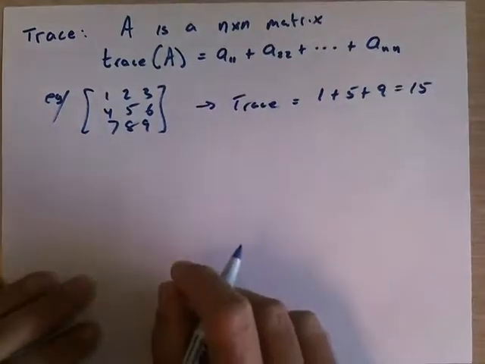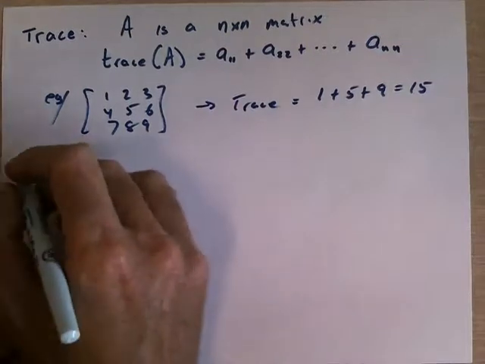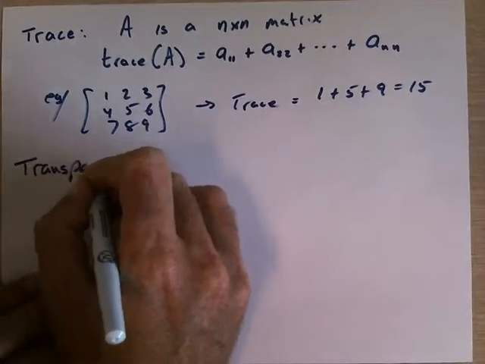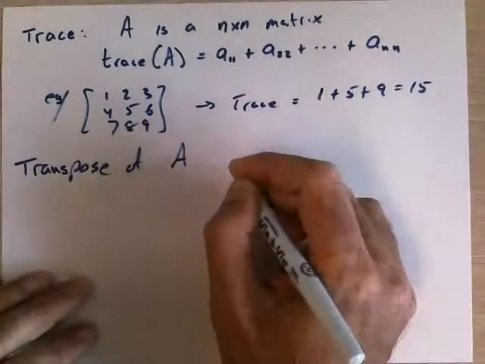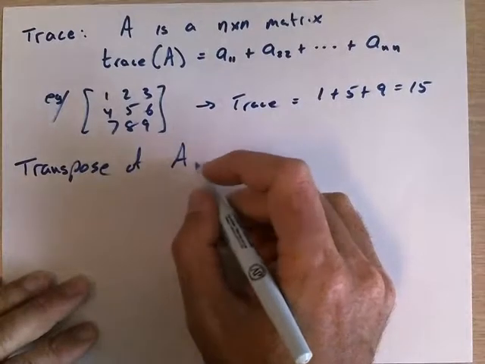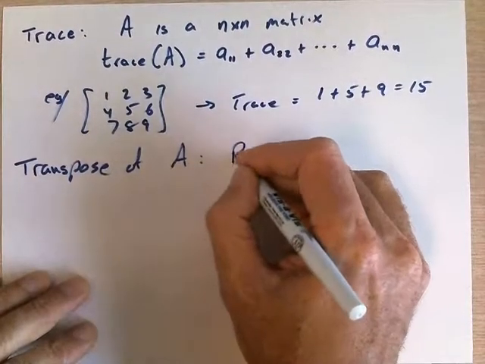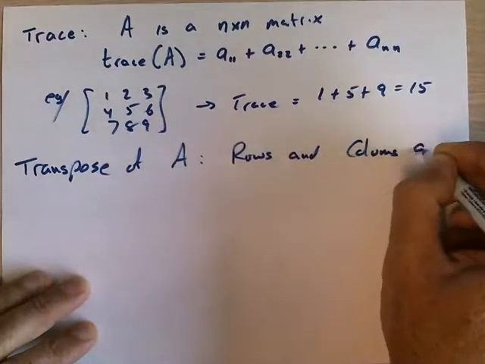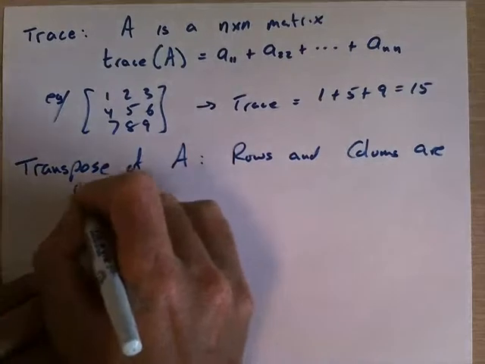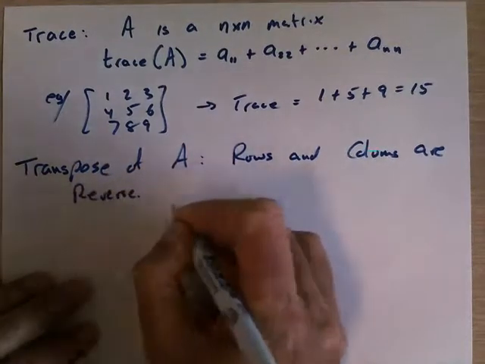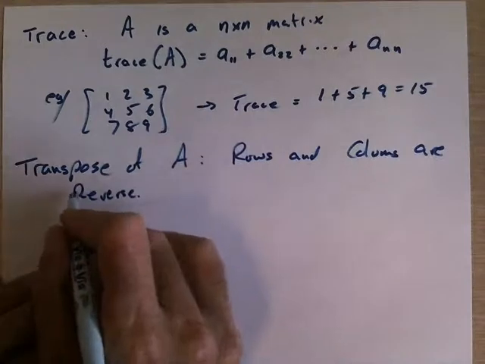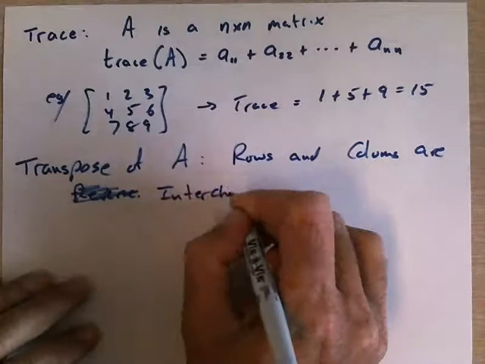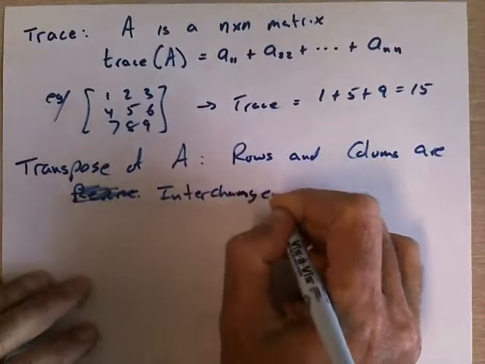Okay. There's also the notion of the transpose of the matrix. Transpose of A is where the rows and the columns are interchanged.